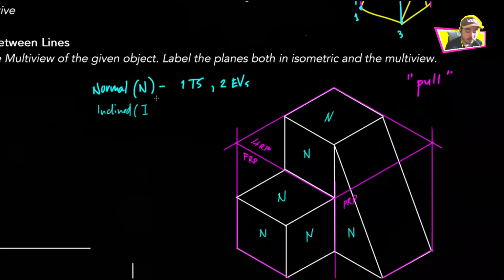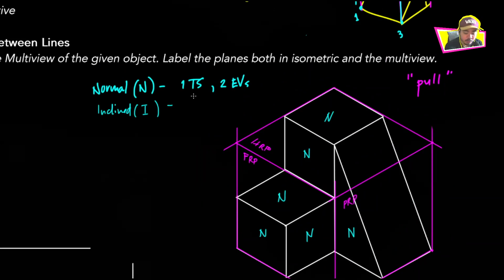Next is what we call inclined, and let's call it I. Inclined planes are planes that appear edge view in one of the reference planes. Meaning it is a plane that is perpendicular to only one of the primary reference planes.